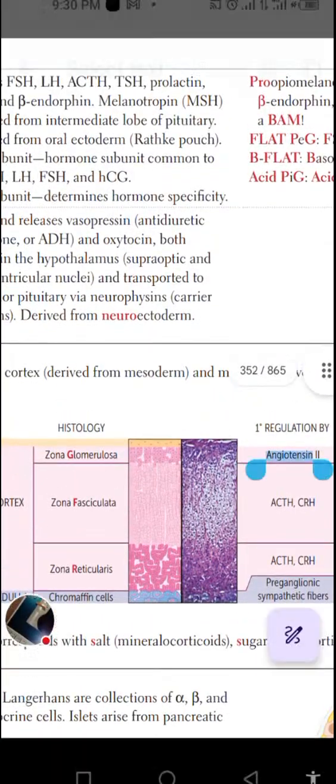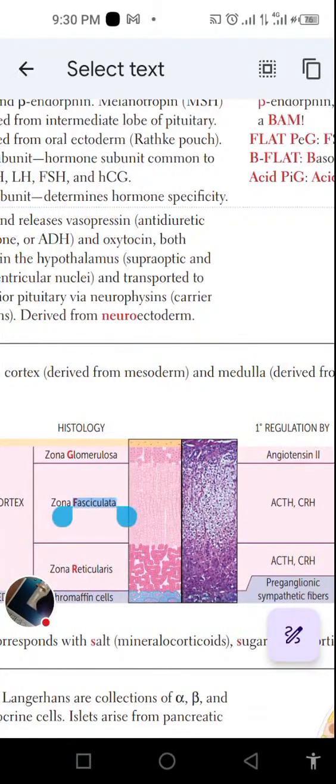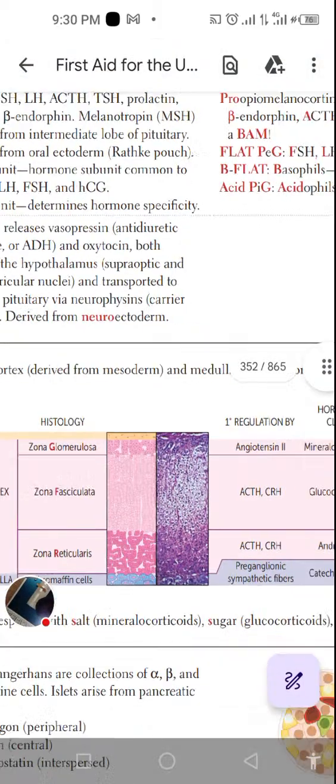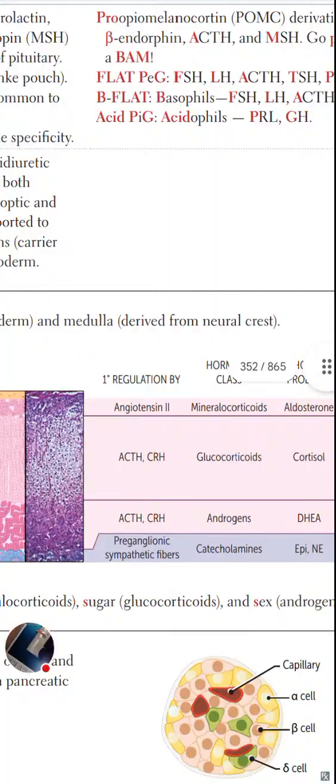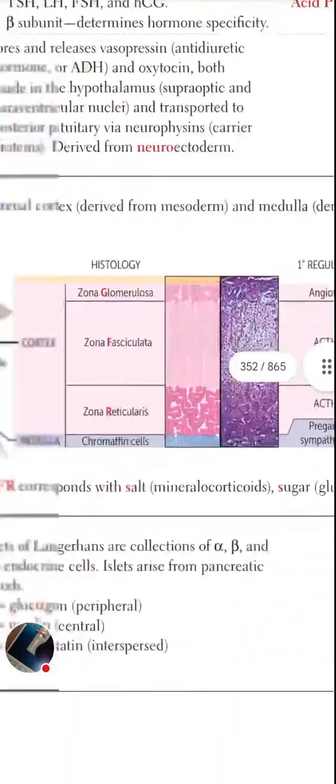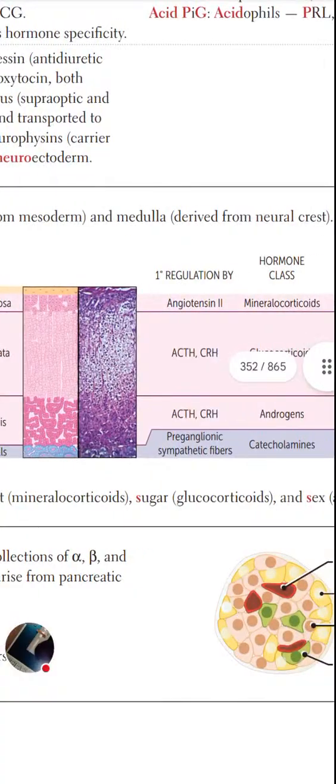Glomerulosa has a role in aldosterone release, regulated by angiotensin 2. Fasciculata has a role in cortisol release, and reticularis in androgen release. So in this way, these different layers of the adrenal cortex release different hormones, and the adrenal medulla releases catecholamines.